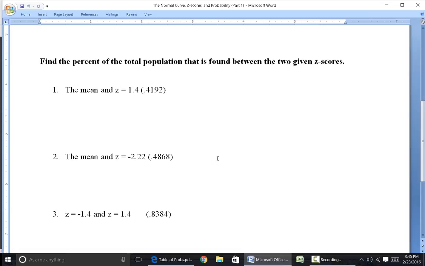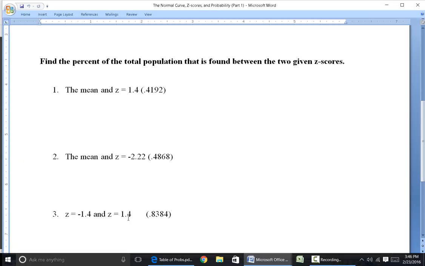But in terms of finding it, we have negative 1.4 and 1.4. So what we would do here is find the percent or area or probability, whatever you're looking for, between 0 and 1.4. And we found it in part 1. In the first problem, it was 0.4192.